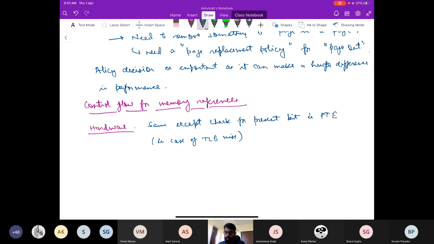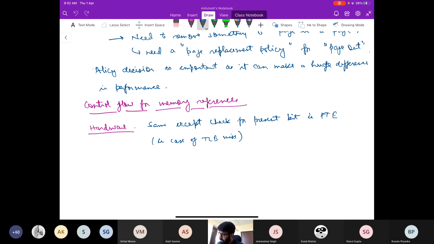But even in the TLB, there is a present bit which can be checked to know whether it is present or not. That is not what is usually done, because then you are storing the disk address there, and this page is actually not in the memory. The reason the page is not in memory is that it is not being used, and populating the TLB with such an address is not very efficient.